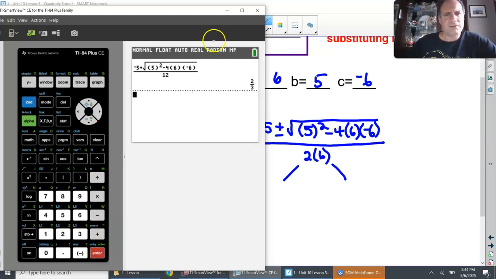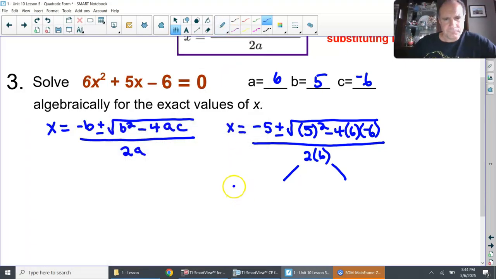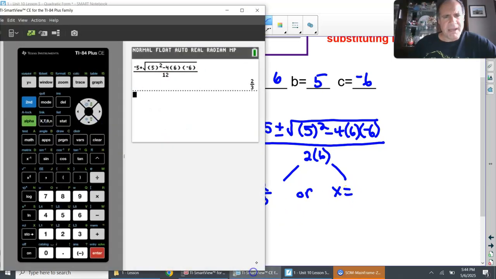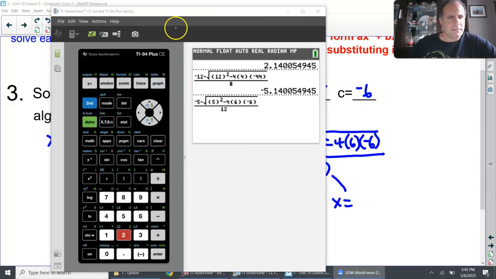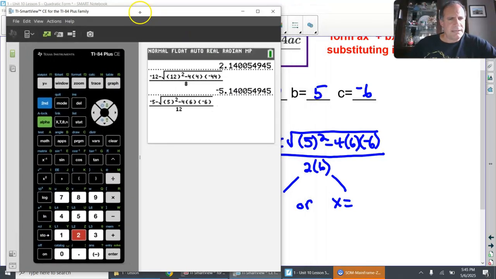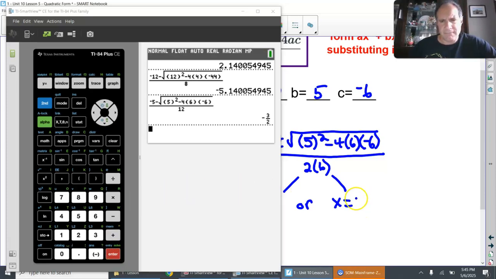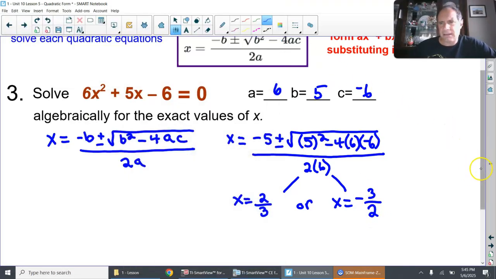And we have 2/3. And we're going to put an or. We're going to put an x equals. We're going to go back, and we are going to look for the negative. So this is the minus side, and we're going to press enter, and it's going to have a negative 3 over 2. These are exact values, and that is it.